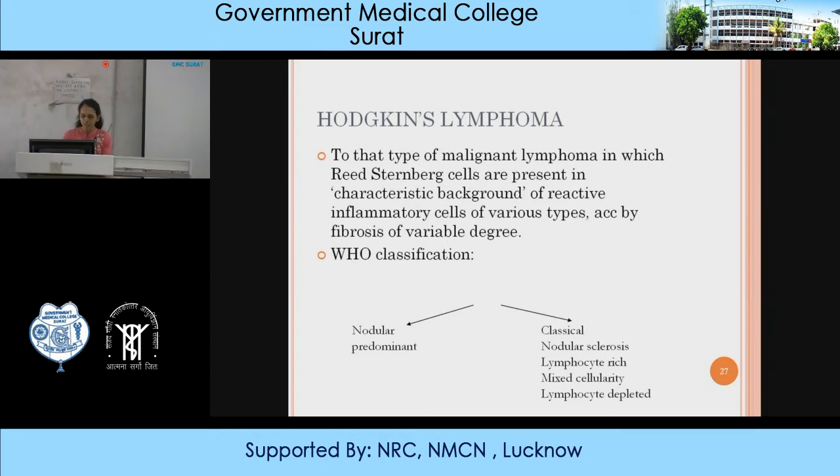Now, why these two classifications? One is nodular lymphocyte predominant Hodgkin's disease and the other is classical Hodgkin's disease. Here immunophenotype is important.